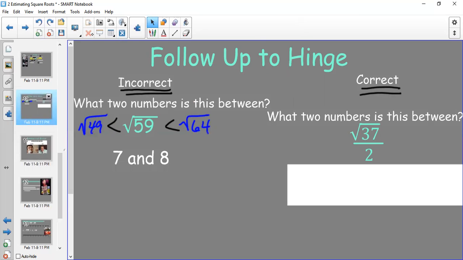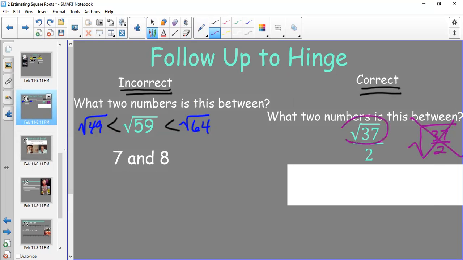All right. This one threw a lot of students off today in class because they were thinking it was this problem, and the first thing they did was 37 divided by 2. But it's not that problem. This was just the square root of 37 divided by 2. So if I approximated the square root of 37, it is very close to the square root of 36, which is 6.